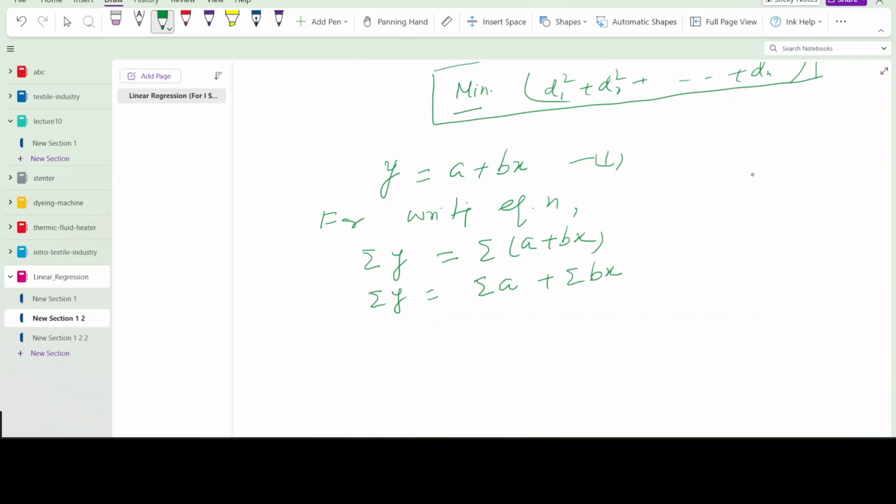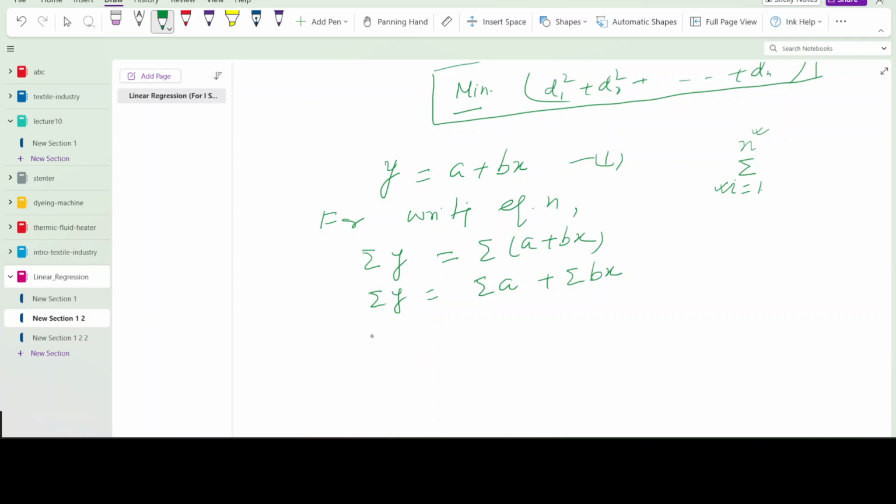And for your knowledge, let me confirm that this summation sigma is from 1 to n. For the sake of simplicity, we are writing sigma here, but this sigma has been applied from i equal to 1 to n terms.